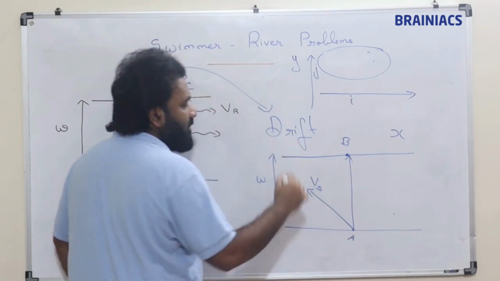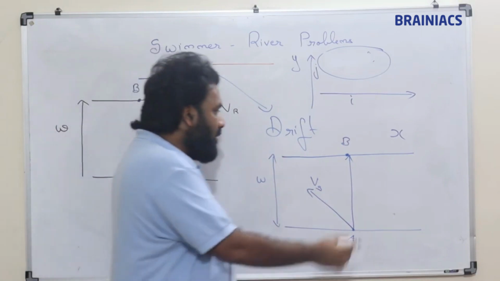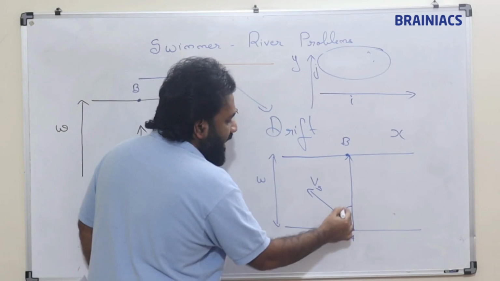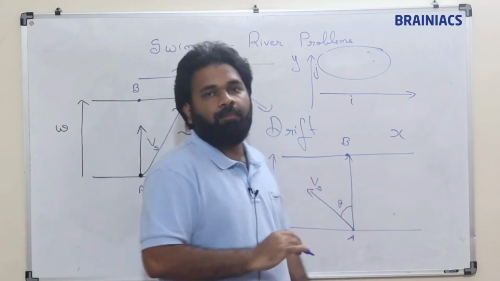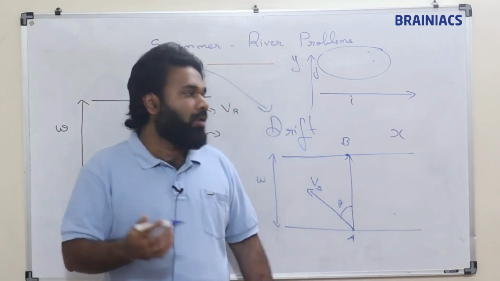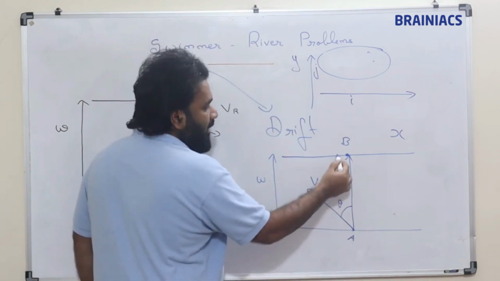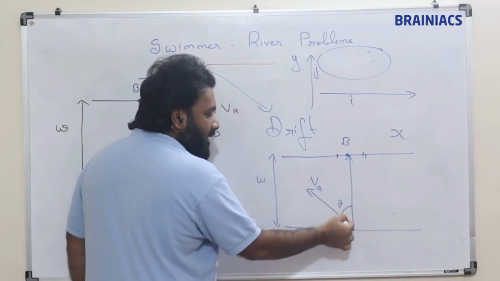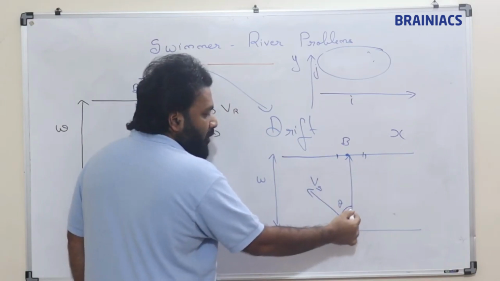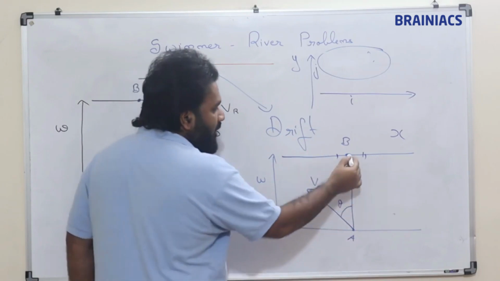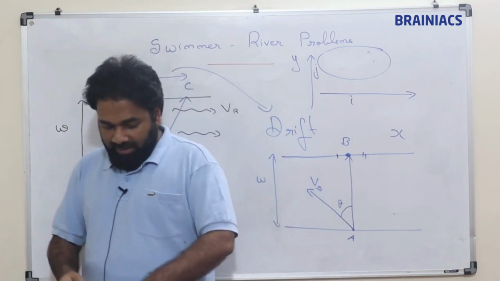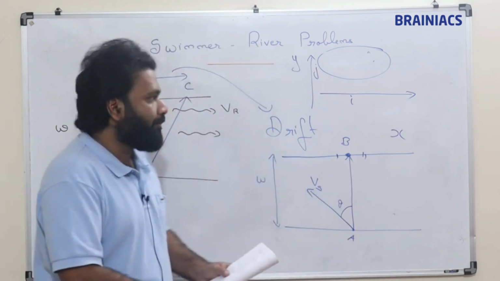This must be the velocity of the swimmer, then only he will be reaching exactly opposite. This angle is also important. If this angle is more, he will be reaching here. If this angle is less, he may reach here. If he uses this angle in the proper manner, then only he will be reaching the opposite direction. All these things understood, right?